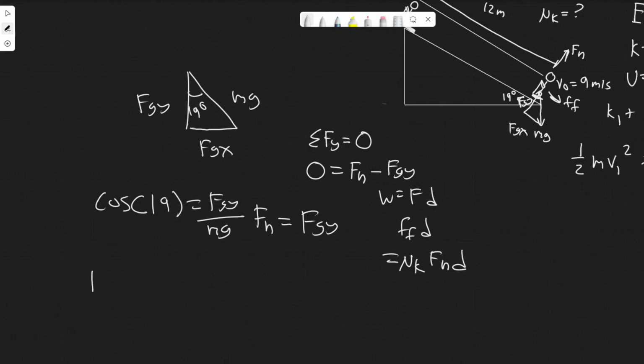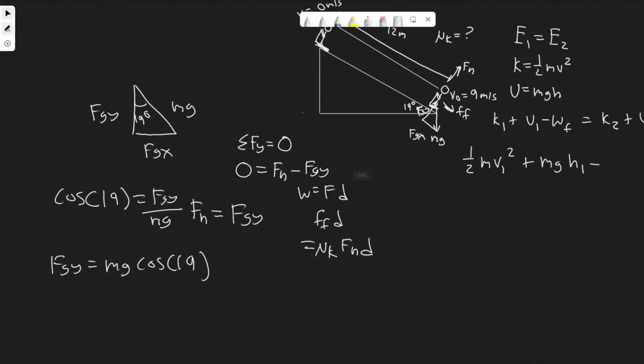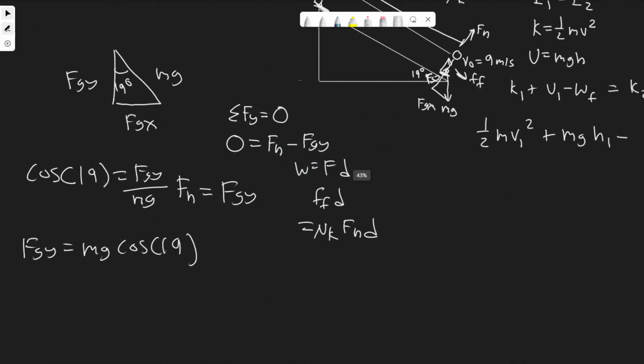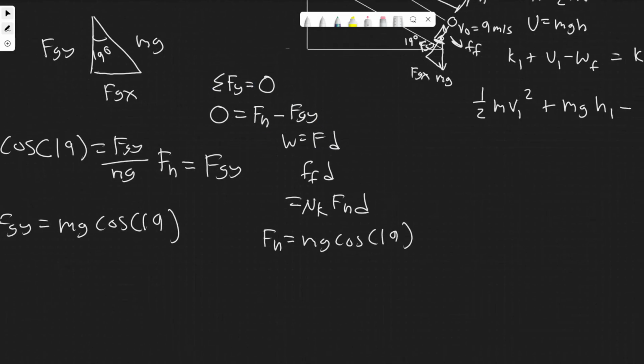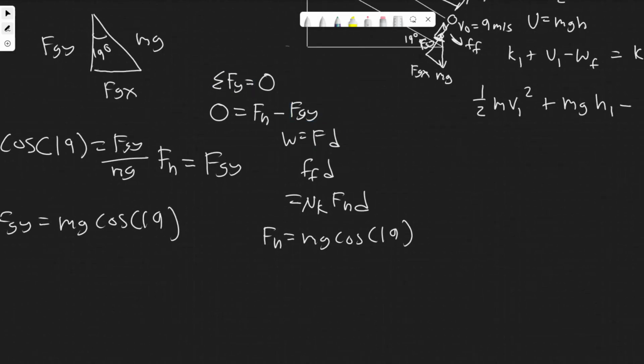If you multiply both sides by mg, you get F_g of y by itself: mg cos 19. We said F_g of y was equal to our F sub n, because F sub n equals F_g of y. So F sub n is equal to mg cos 19. All we did was sum the forces in the y, set these two equal to each other, and find what F_g of y is.